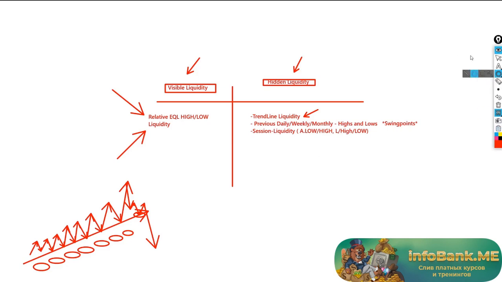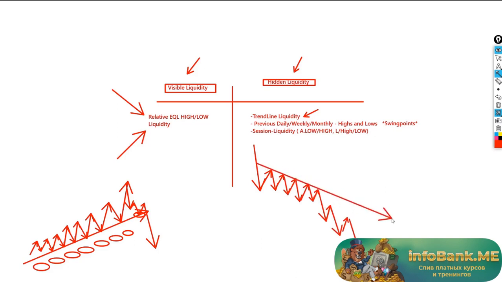For example, if I have a market structure like this, and I see that we've got trendline liquidity all around here, I'm not going to be looking for any POIs to take sells at this point.